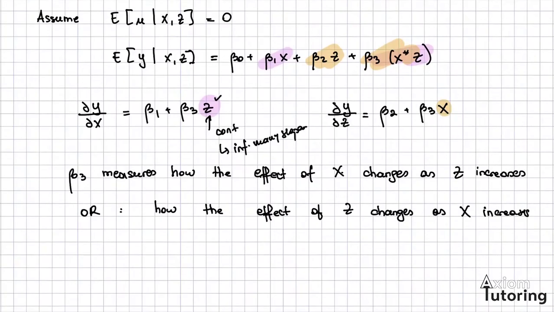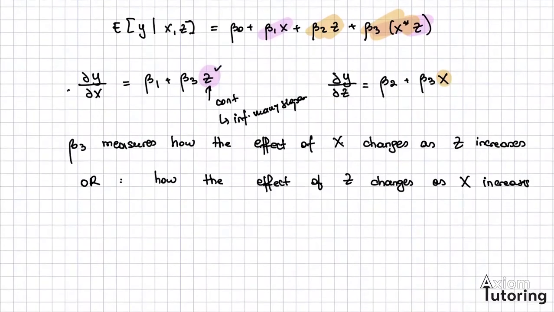Now, let's go one step further and let's actually see the second derivative inside. So if I take this further and find the second order derivative of y with respect to x and z, I'm going to finally find that this is simply beta 3.